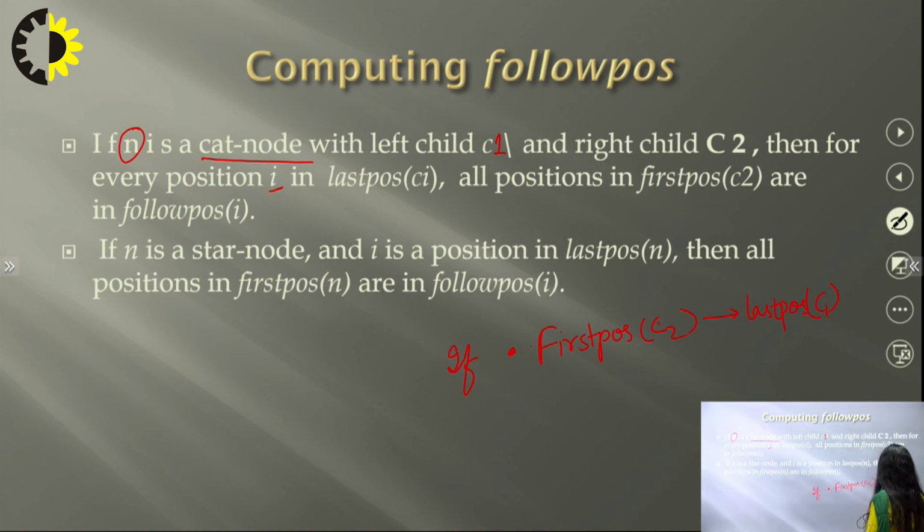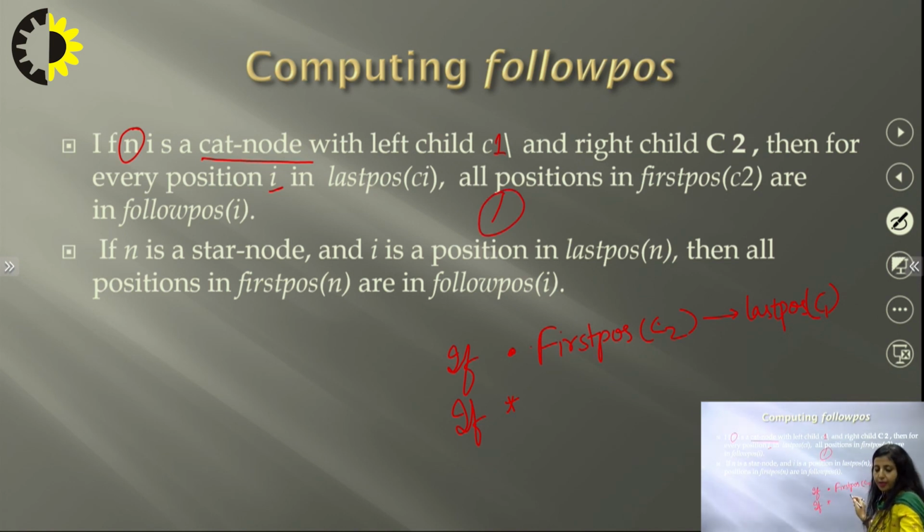And another rule is, the followpos is to be found for both the symbols, that is for the concatenate symbol as well as for the star node. We will not find it for the hash symbol.